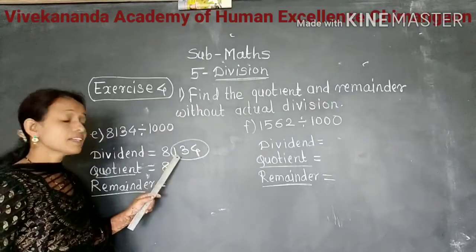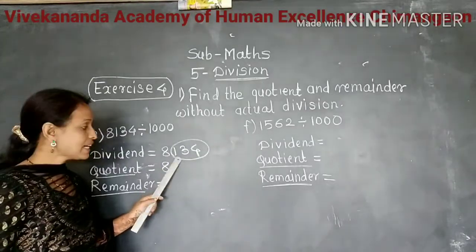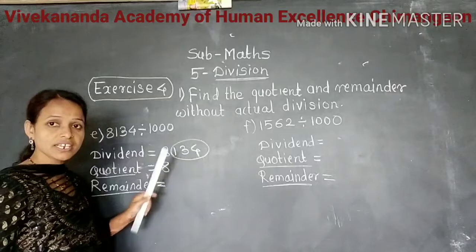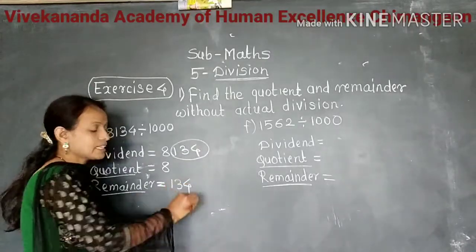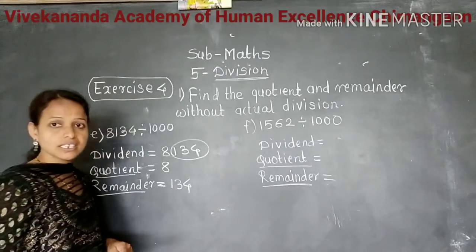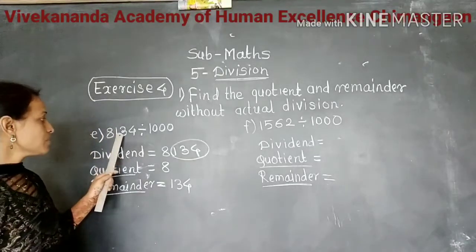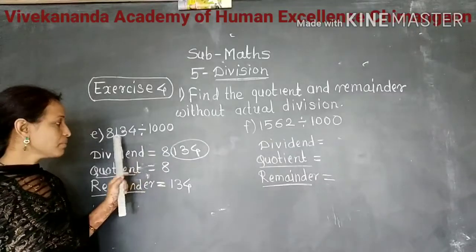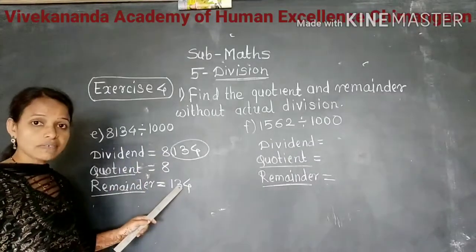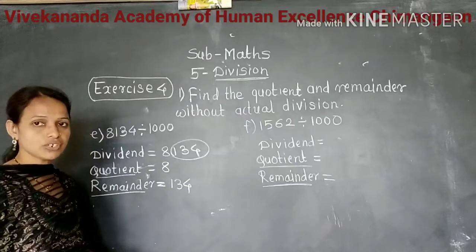And the number formed by the removed hundreds, tens and ones digit is 134. So 134 is the remainder. In this way, we divide 8134 by 1000, we get quotient 8 and remainder 134 without actual division.